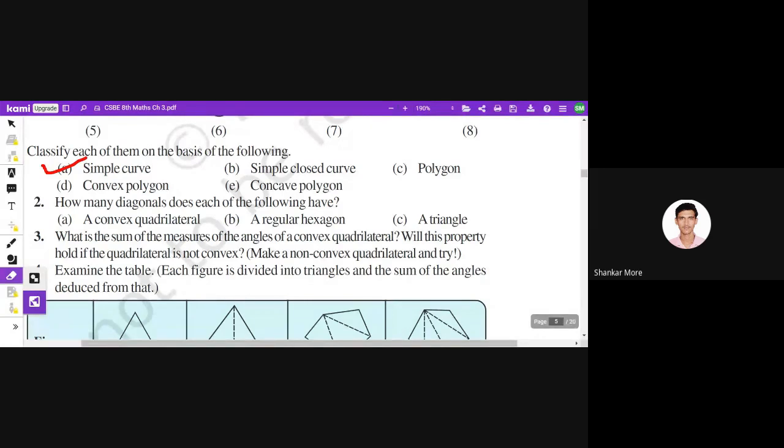Okay. How many diagonals a triangle will have? Third one, C. How many diagonals a triangle will have? Okay. Shlok has all three answers in one go. How many diagonals? Zero diagonals, right?